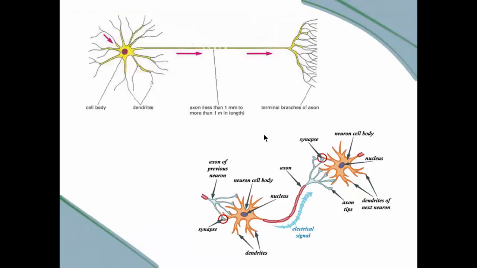So without trying to beat this to death, this is really some of the most important part of what we're doing here: where do those signals come from? Because if you're measuring something, you at least need to know where it's coming from and what's doing it. So we see here the cell body, the dendrites, here's the axon, and here are the terminal branches or terminal buttons of the axon.